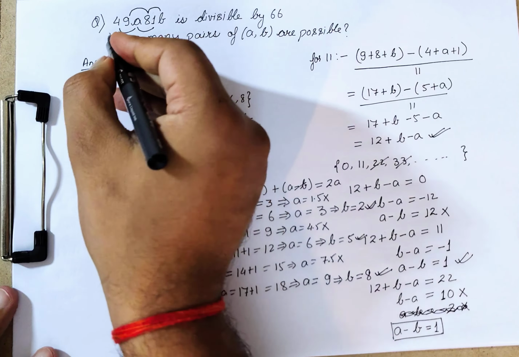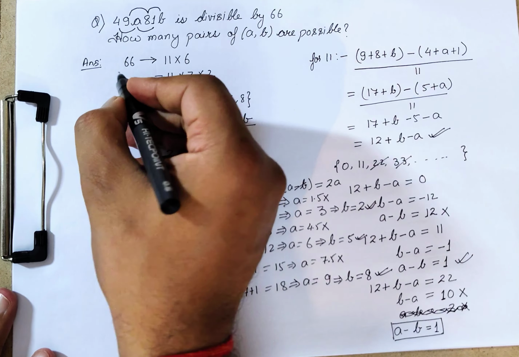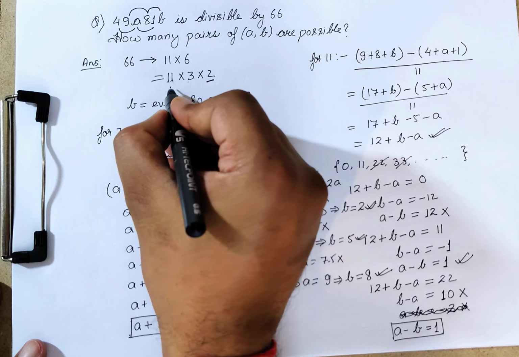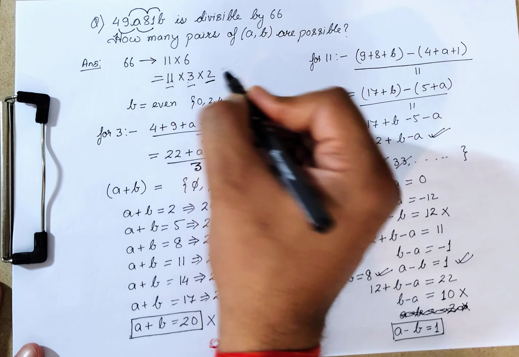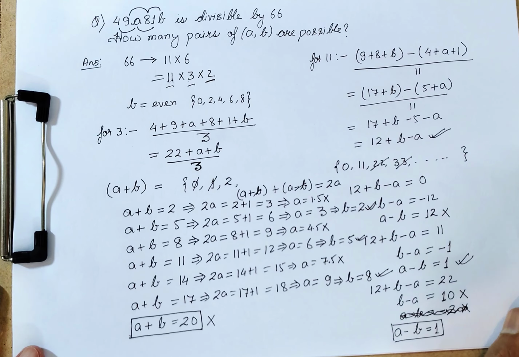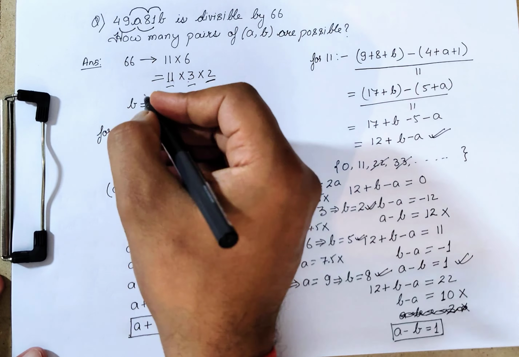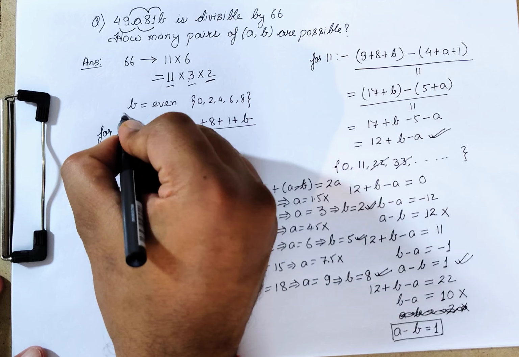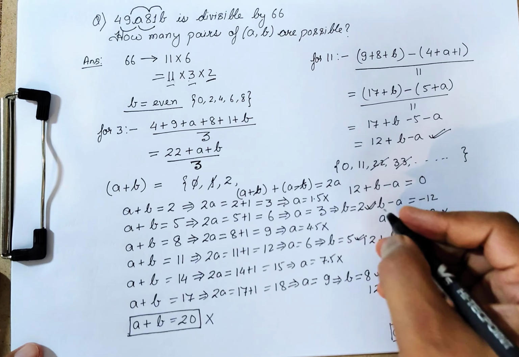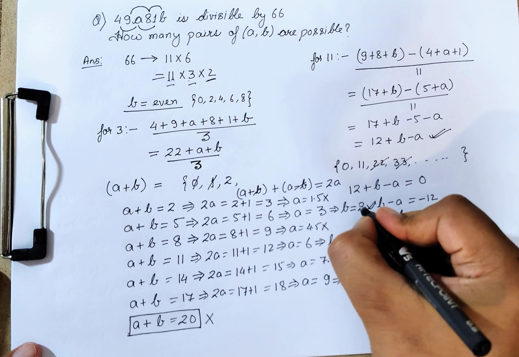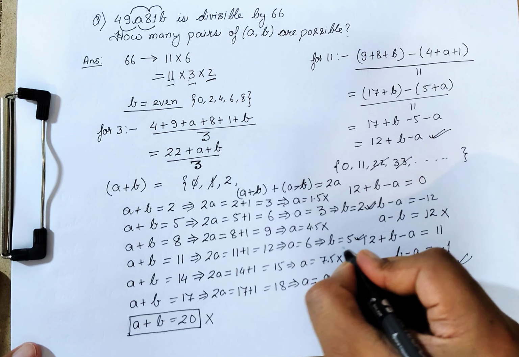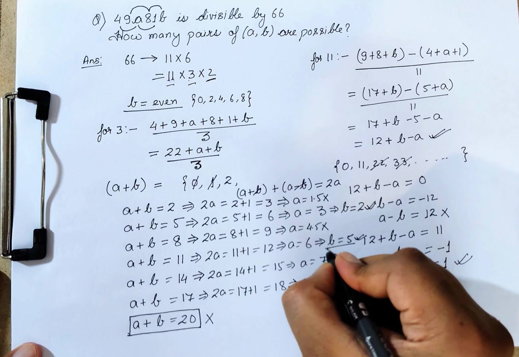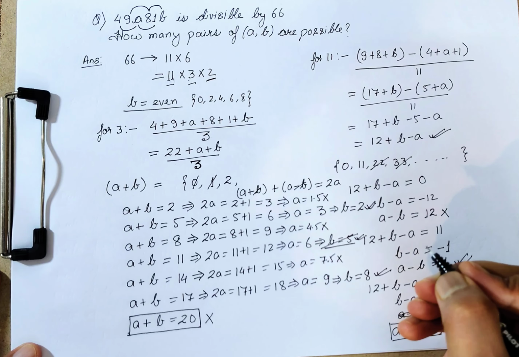Now for this number to be completely divisible by 66, it has to fulfill all three criteria. It should be divisible by 11, by 3 and by 2. We know that b should be even. Now let's see here, b is equal to 2, which is even. Here b equals 5, hence this is ruled out.